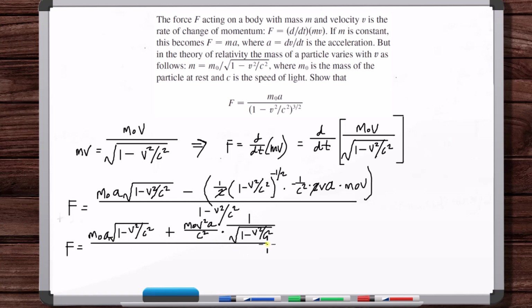Now let's multiply by 1 in the form of the square root of 1 minus v squared over c squared divided by the square root of 1 minus v squared over c squared, and we get.